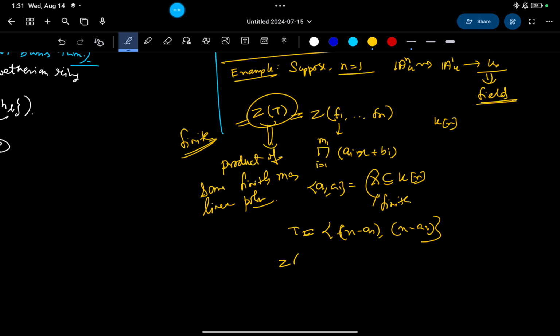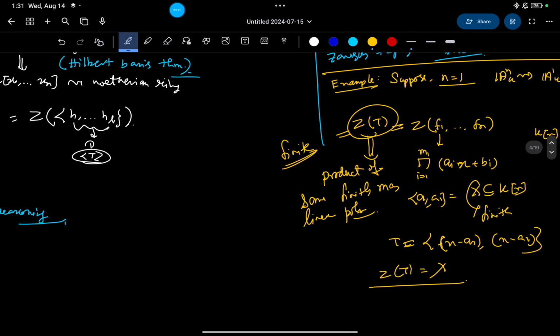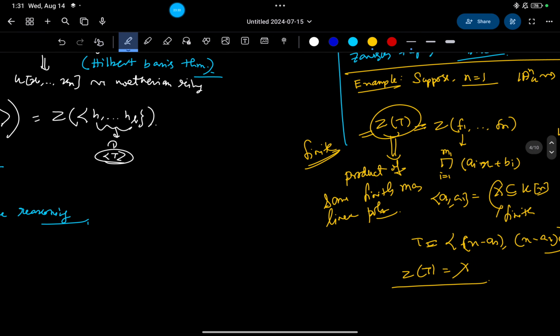Then Z(T) is the same as X. So that's how we can get the algebraic set. So whenever n equals 1, the algebraic sets are precisely the finite sets.